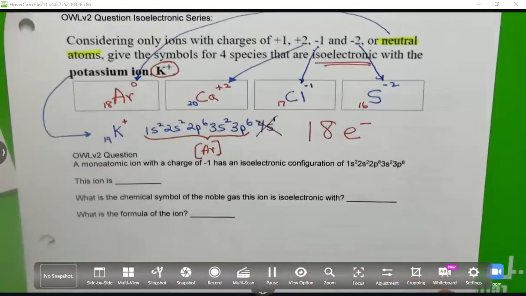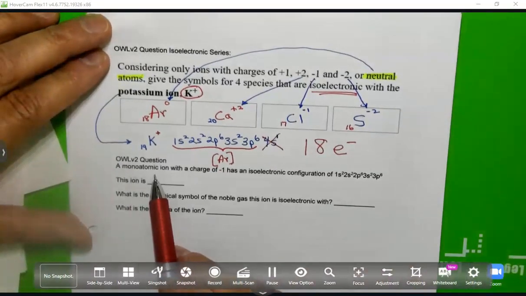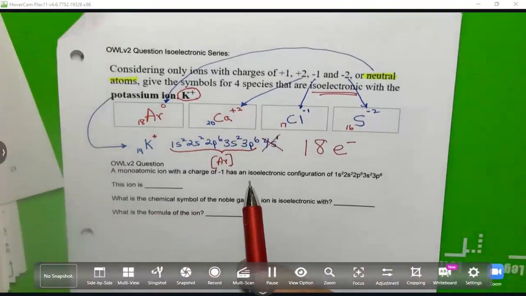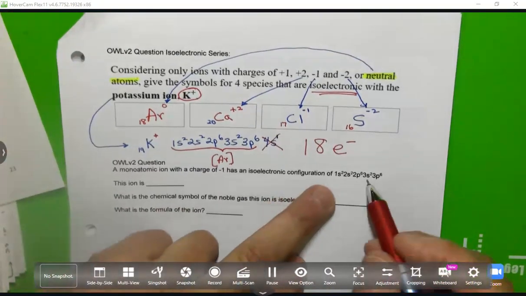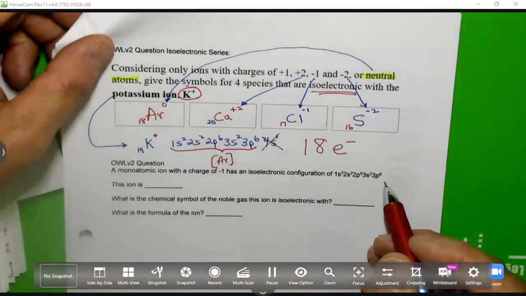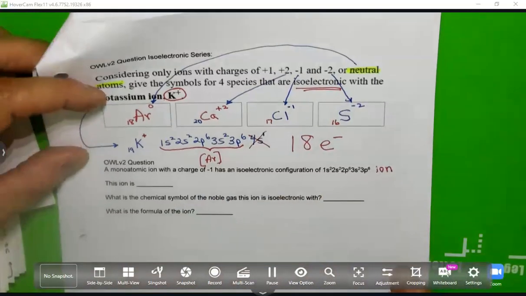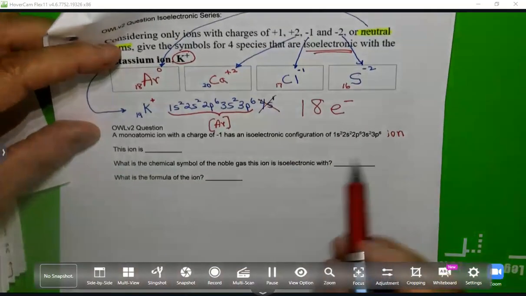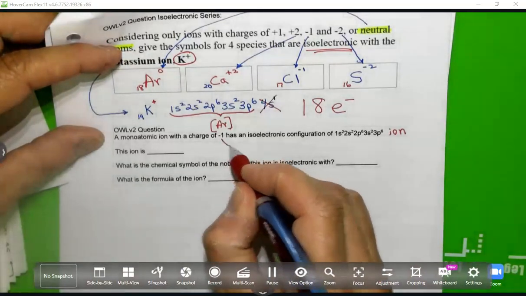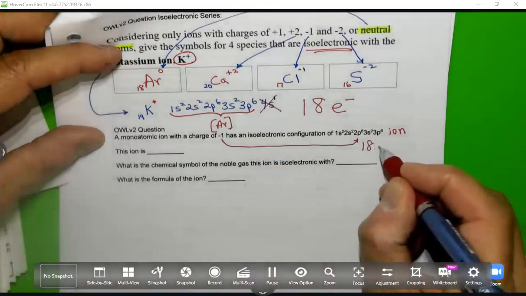All right, very last question of this chapter. A monoatomic ion, that's a single element with a charge. It has a charge of -1, has an isoelectronic configuration of 1s2, 2s2, 2p6, 3s2, 3p6. This is the ion. If this is the ion with a -1 charge, how many electrons? 2, 4, 10, 12, 18 electrons.